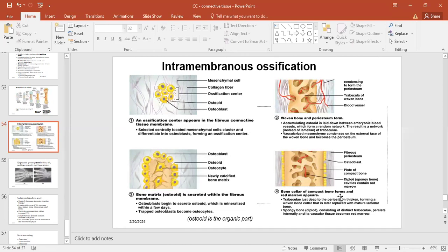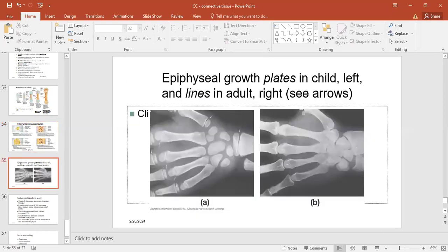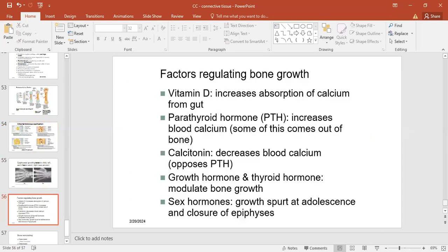A bone collar of compact bone forms and red marrow appears. So this is why in flat bones you have red marrow but no yellow marrow, because we don't even have a canal. The spongy bone, like we said earlier, is also known as the diploe.